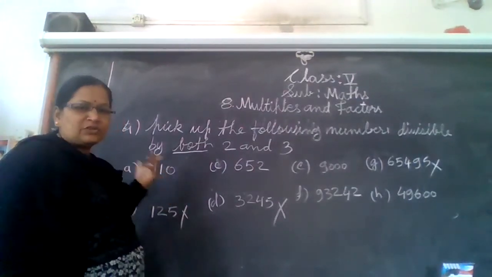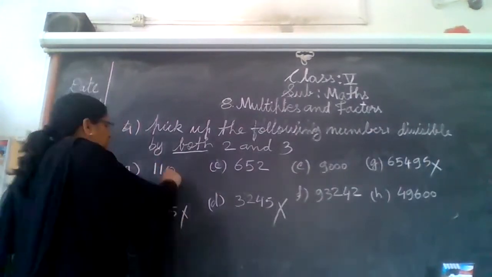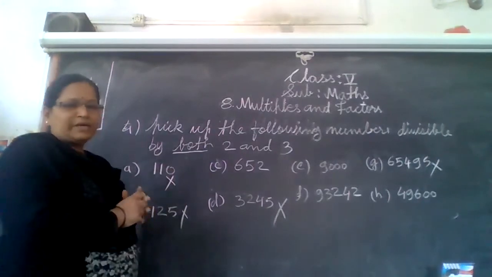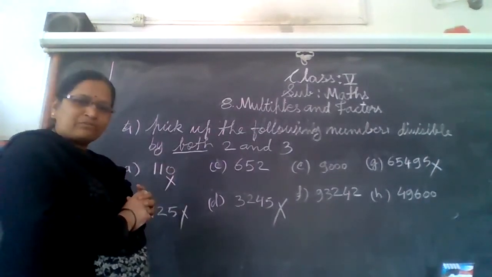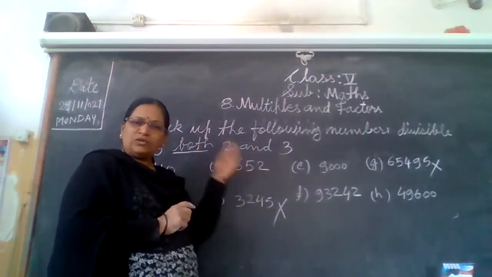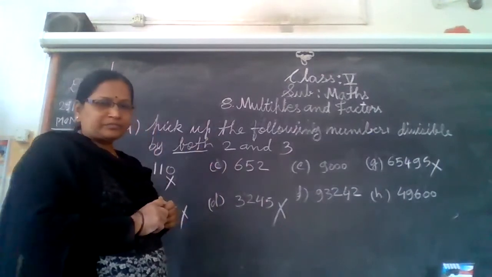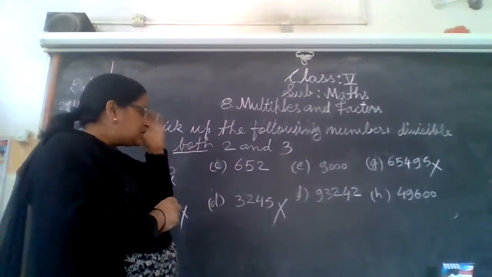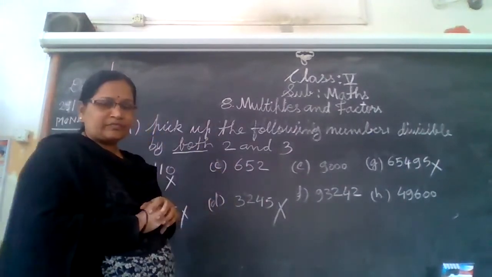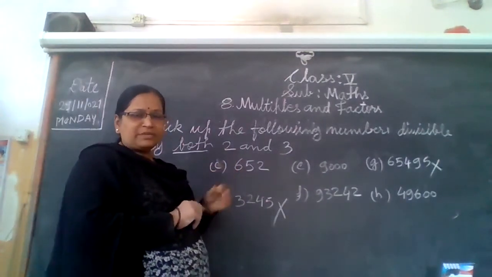Now see 1 plus 1, 2. So it is not divisible by 3. Yes, this is divisible by 2, but not divisible by 3. Yes, the unit place has 2, so it is divisible by 2. Now find out the sum. 6 plus 5, 13. Okay, the sum is 13.